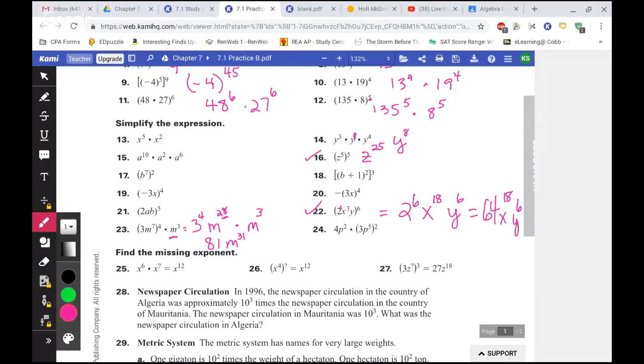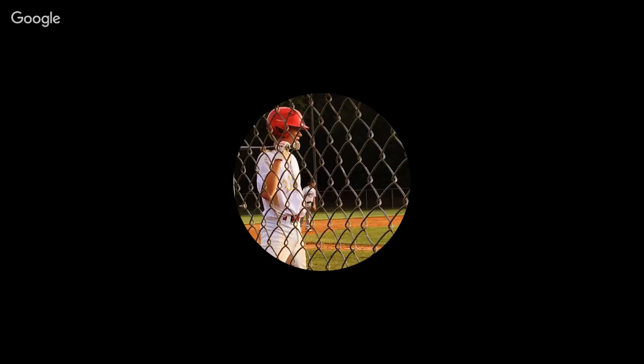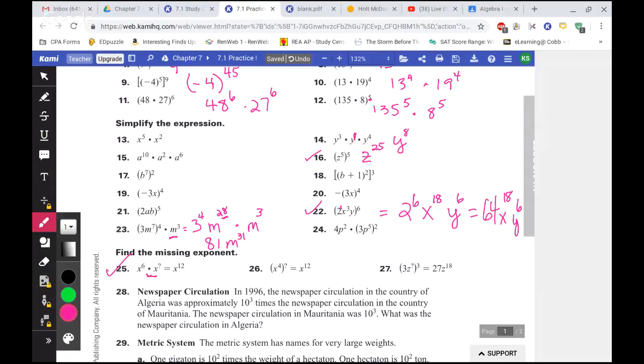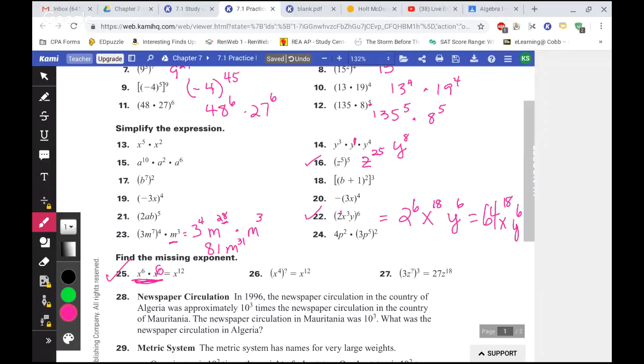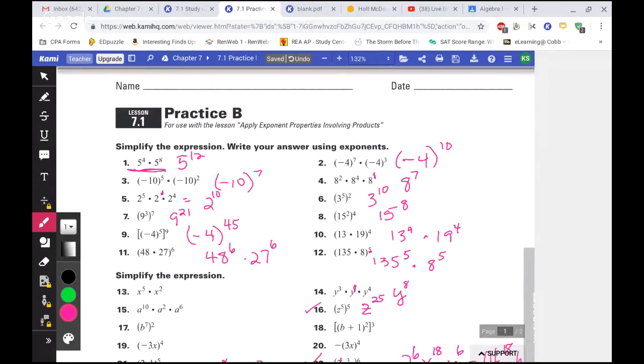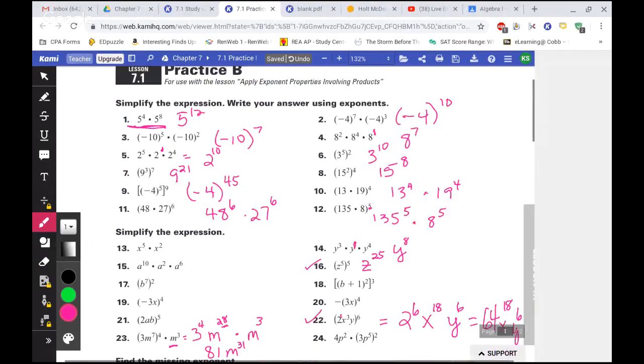What'd you get for 25? Question mark equals 2. On this one, you're adding because it's being multiplied. So this one is 6. See, just like way back up here, we added these. Or this one, we added x to the 7th.